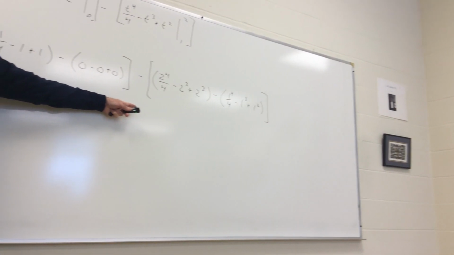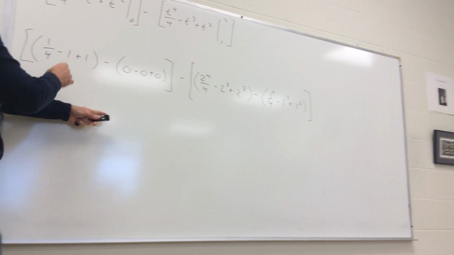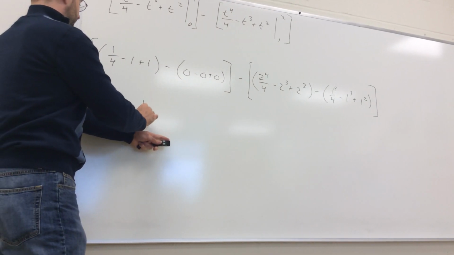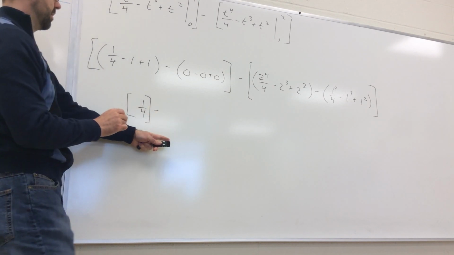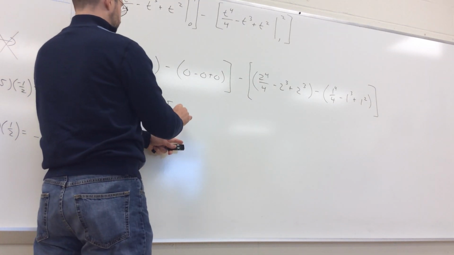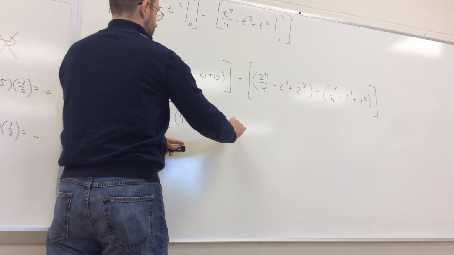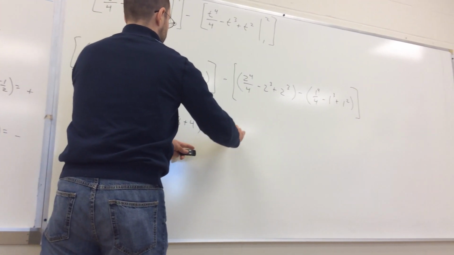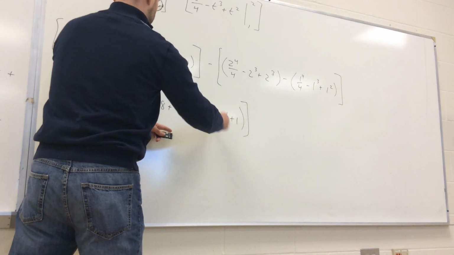There's what I've got. Okay, so those 1s will cancel, so this is just 1/4, that's the total of the first bracket. And then for the second set of brackets, I've got 16 divided by 4, so 4 minus 8 plus 4 minus 1/4 minus 1 plus 1. So that's 1/4.